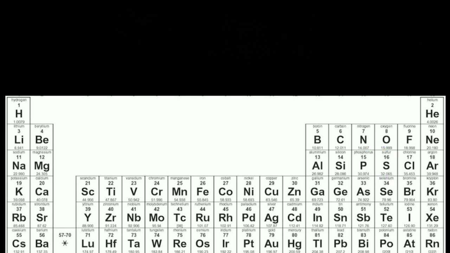Let's do another one. Let's say I had the ion bromine minus. So, how many protons? Once more, just like any atom or ion of bromine, I am going to have 35 because that is bromine's atomic number.